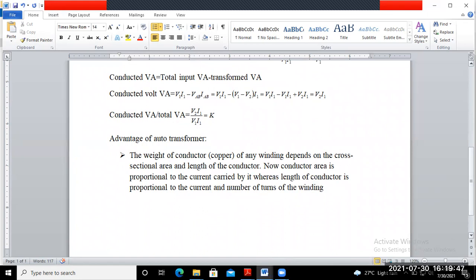The weight of winding AB is number of turns into current flowing through the winding.